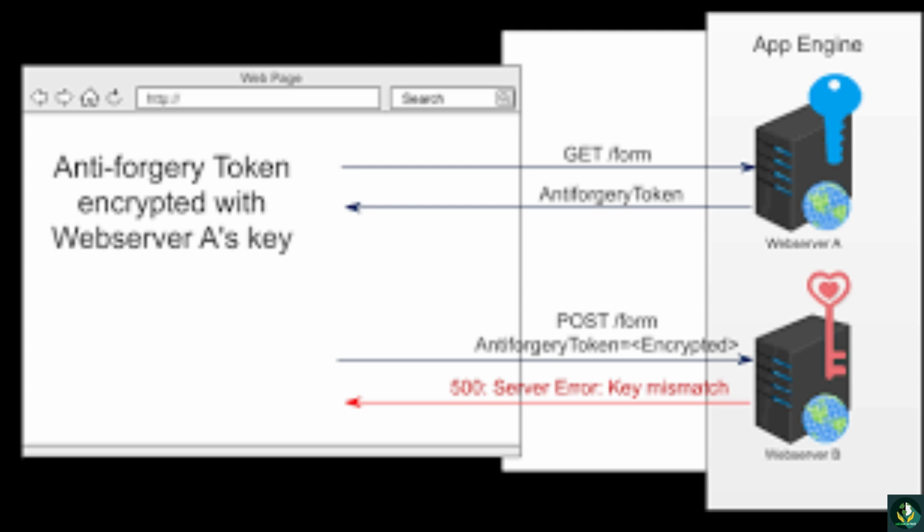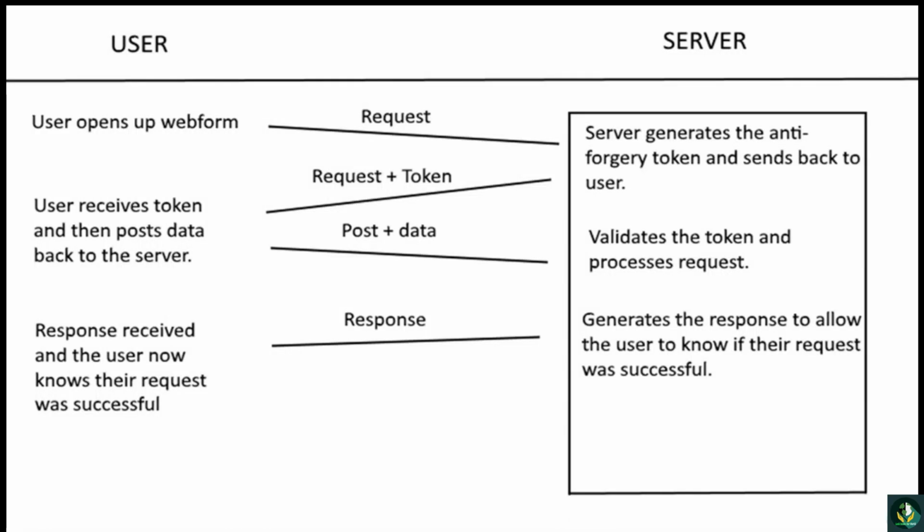One topic is the anti-forgery token, and this is how the anti-forgery token is encrypted with the web server as key and retrieved from the server. Look at how it transfers data and how it works.